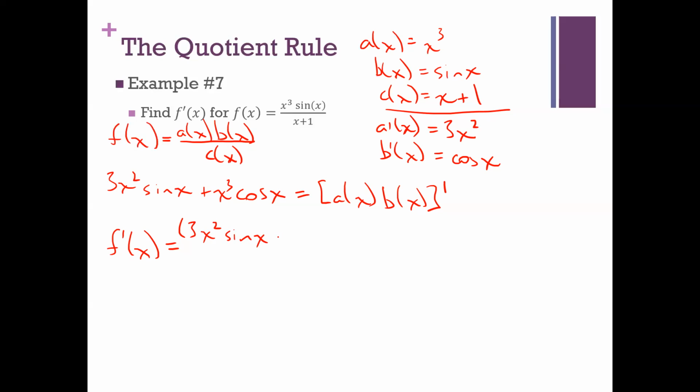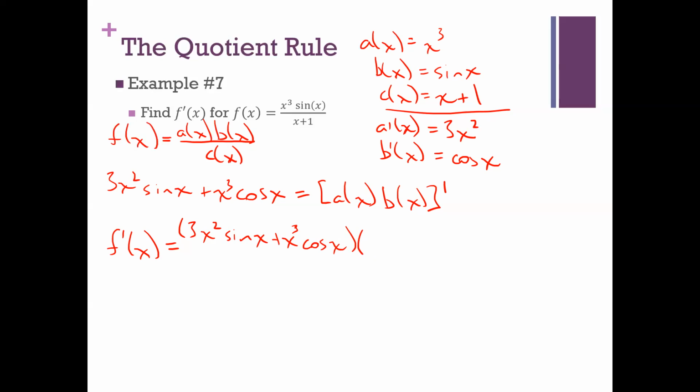Okay, so yeah, the first product I'm going to have in my numerator for the quotient rule is going to come from the derivative of the numerator. And this is multiplied by what? x plus 1.